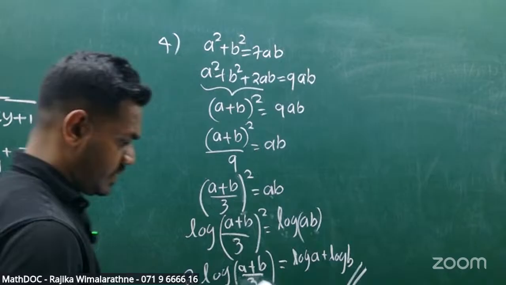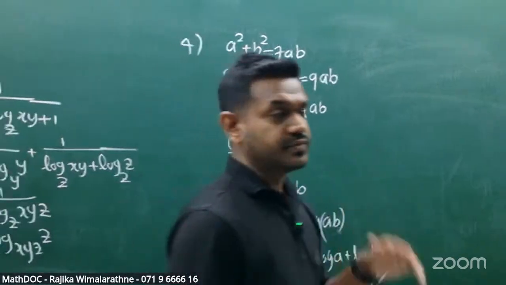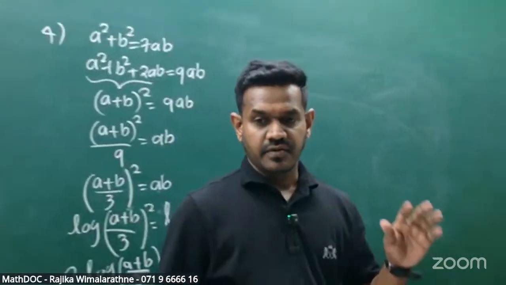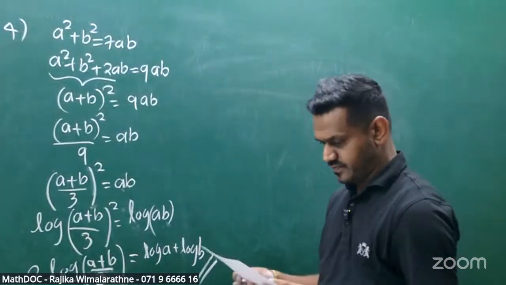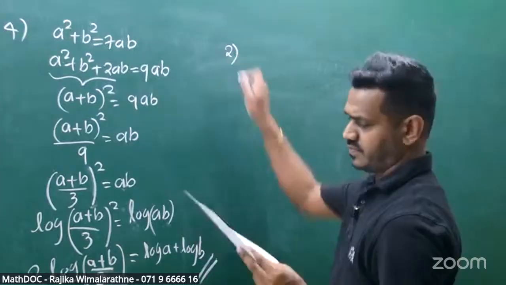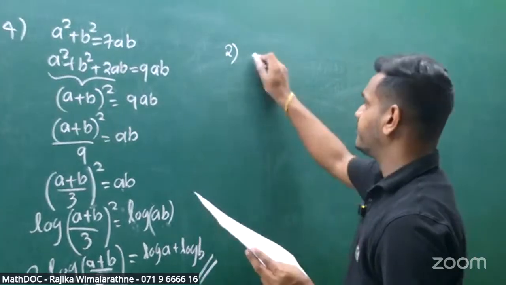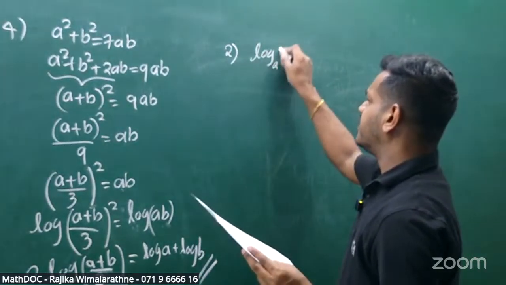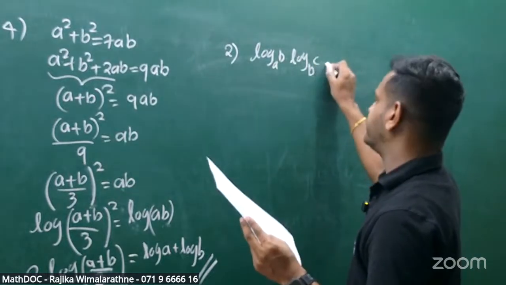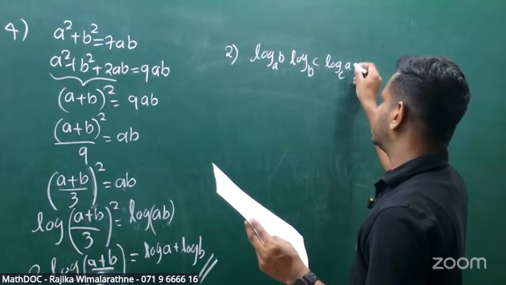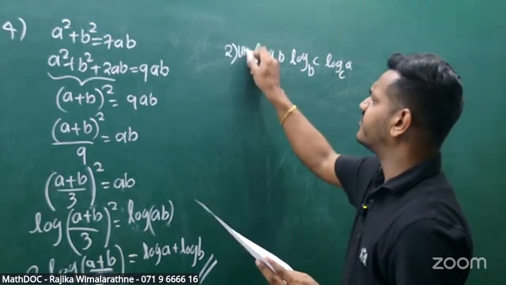Okay. Now let's move to question number 2. Question number 2. Take this. Log a base b, log b base c, log c base a, here the left hand side.